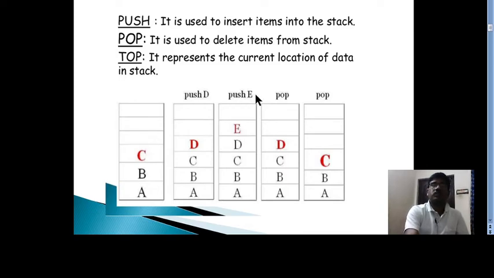Before this push of E, the top of the stack is at the third position. Before the push of D, the top is at the second position. 0, 1, 2. As you are pushing elements, the top goes on increasing until it reaches the maximum.